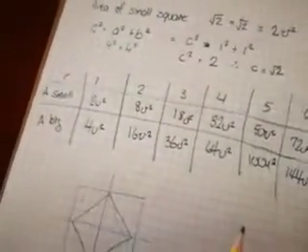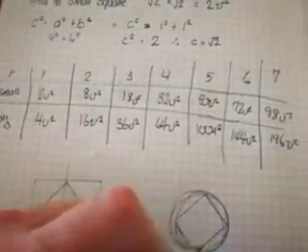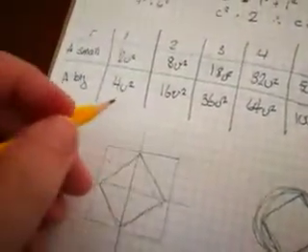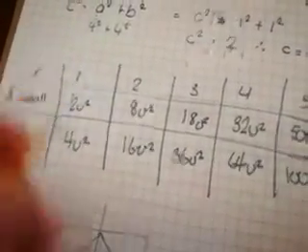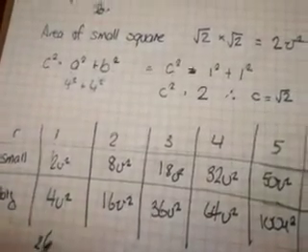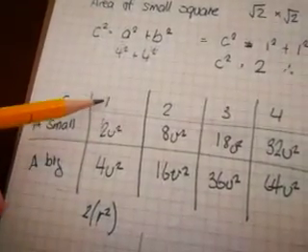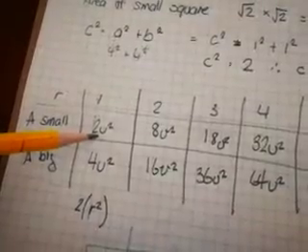But another interesting one is if I draw a circle here, and if I put a square inside the circle, is there a relationship here? And I think we can see a relationship. So if we go 2 times the radius squared, the radius is 1, so 1 squared is 1 times 2 equals 2.